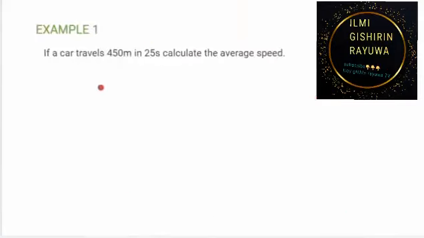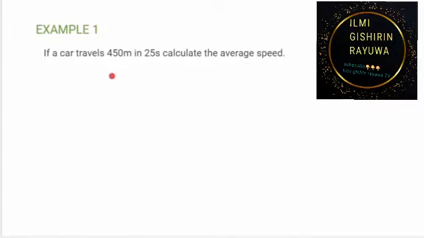So let's begin the calculation. Example 1. If a car travels 450 meters in 25 seconds, calculate the average speed. If you remember, average speed is total distance divided by total time. First, we are going to state our parameters. Solution. S is given to us as 450 meters. T, which is the total time, is given to us as 25 seconds.